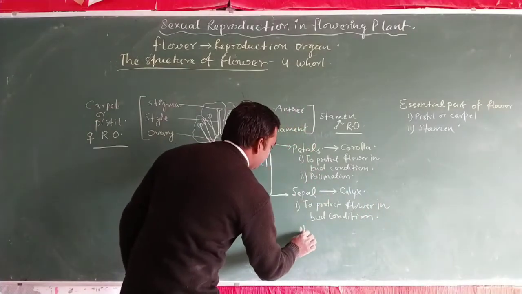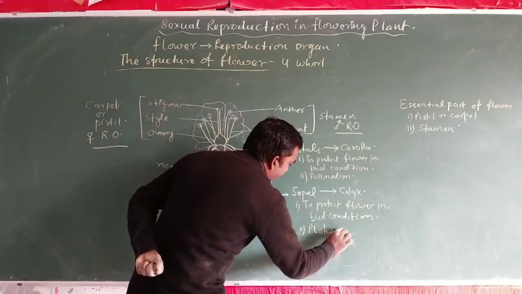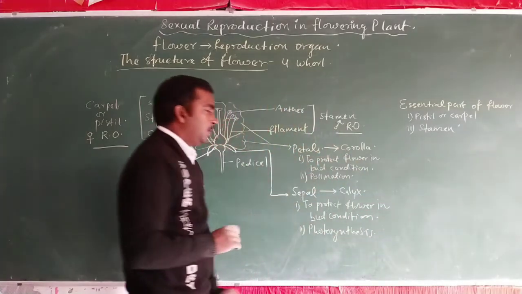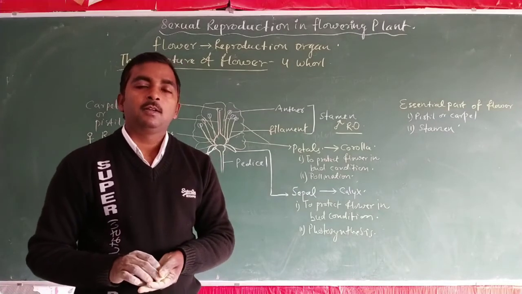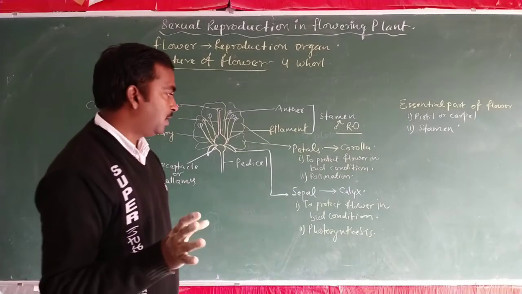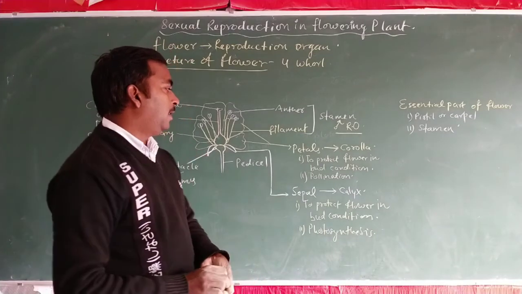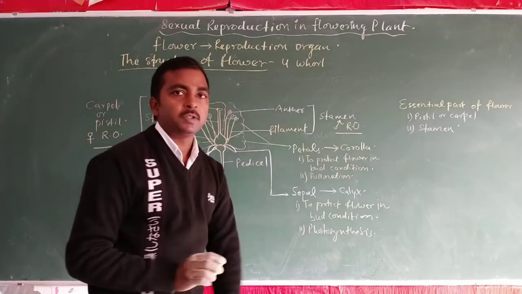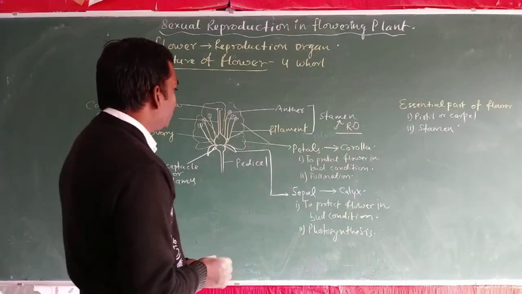The second function is photosynthesis. Sepals are generally green in color, and the green color is due to the presence of chlorophyll pigment inside the chloroplast, which performs photosynthesis to produce food materials for the flower.